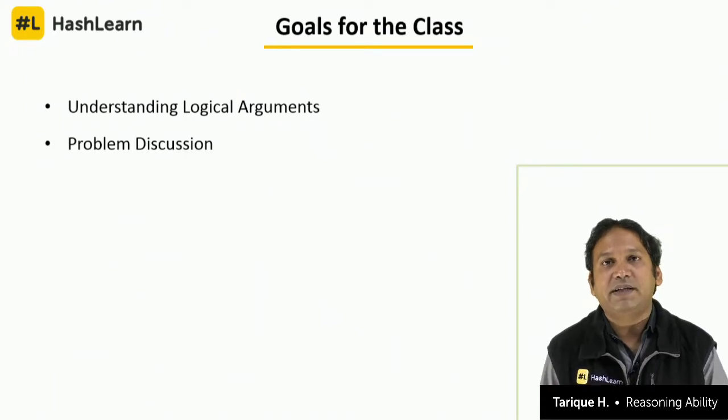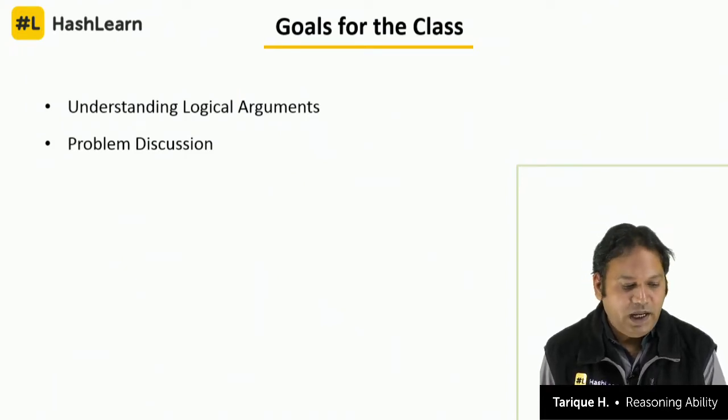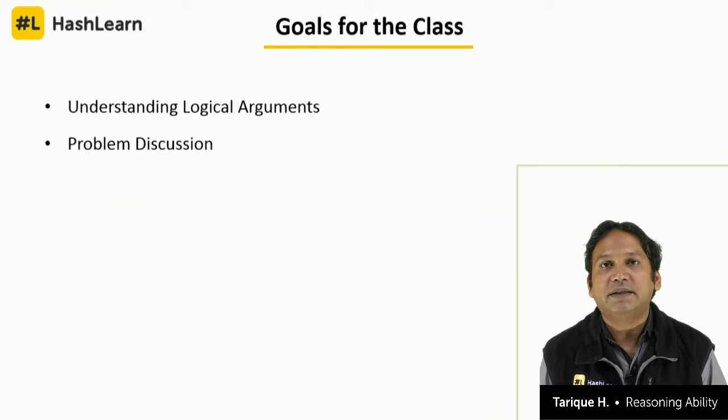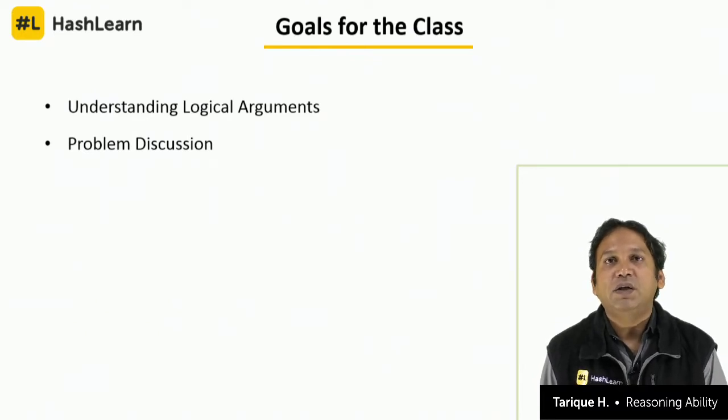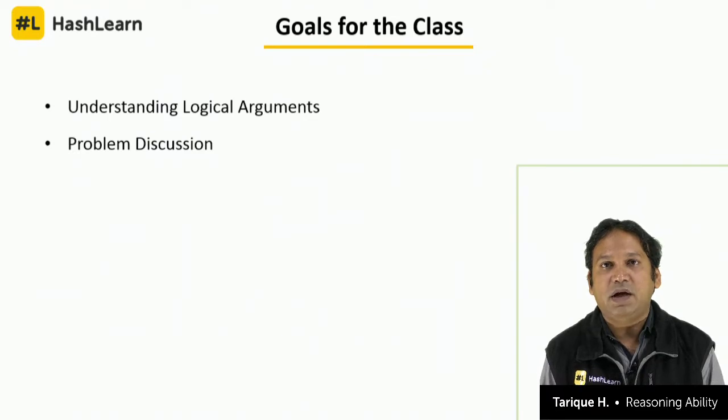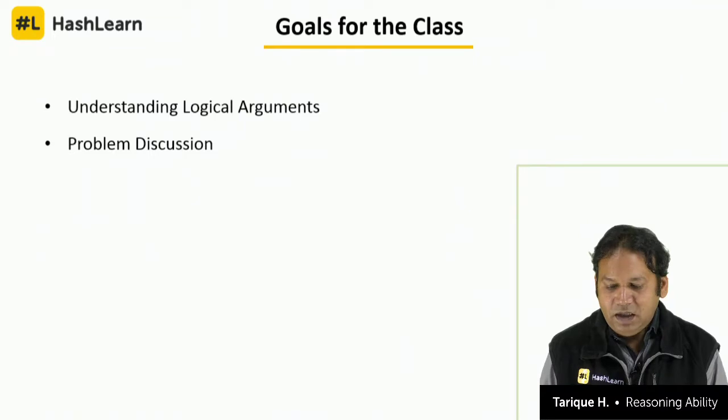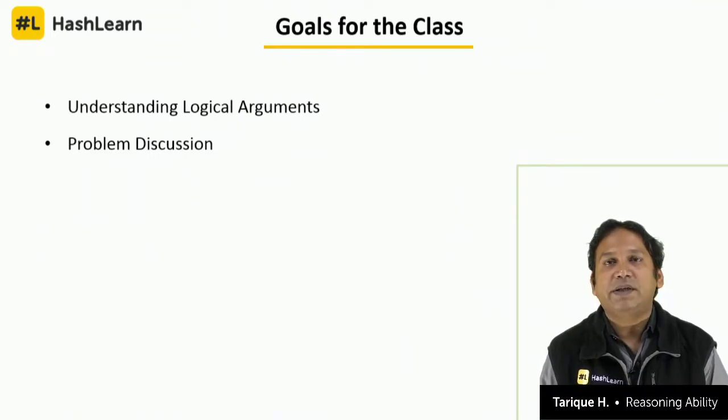We will also develop our understanding of what these are, and obviously we will be discussing problems along the way to make you understand how the questions are asked in exams and what are the different methods of solving those questions. Regarding the number of questions, most questions from verbal reasoning, as I have discussed earlier, come in the mains examination.